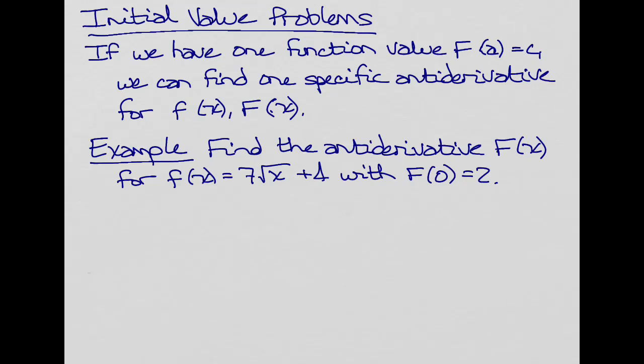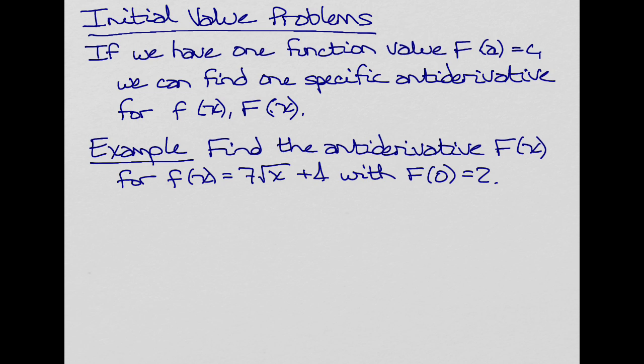If I'm just trying to find antiderivatives for a function, we've said I have to include a constant of integration. If my function is 2x, my antiderivative isn't only x squared, it's x squared plus any constant.